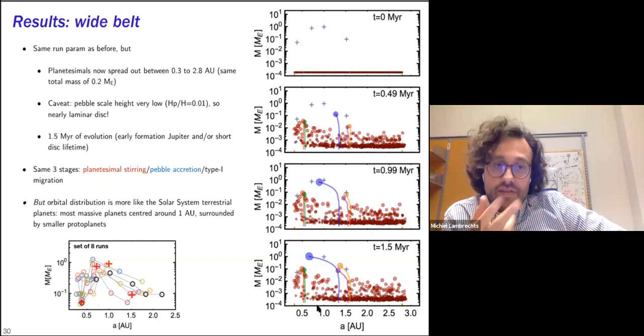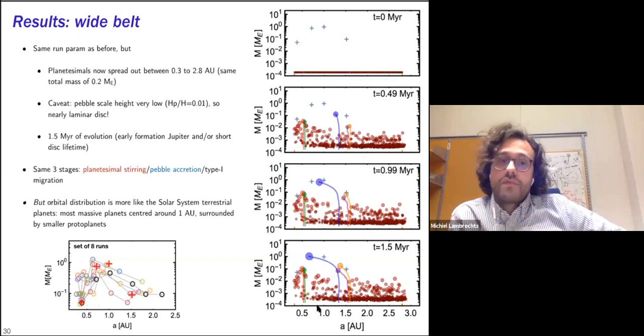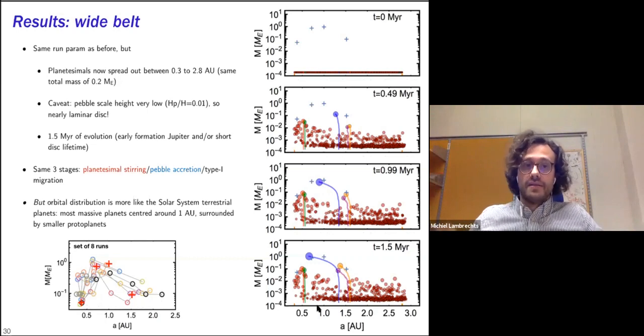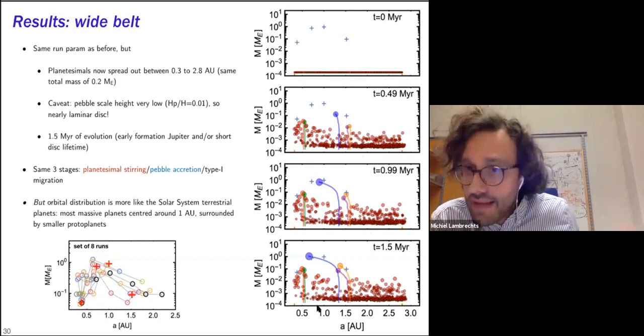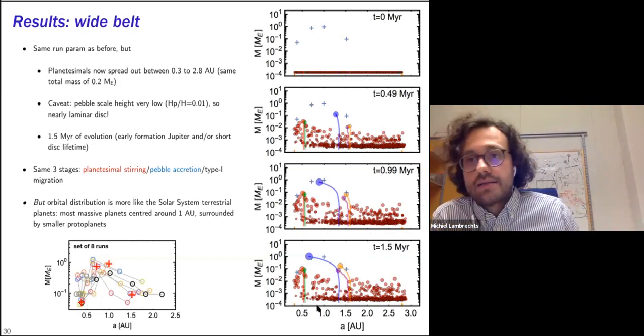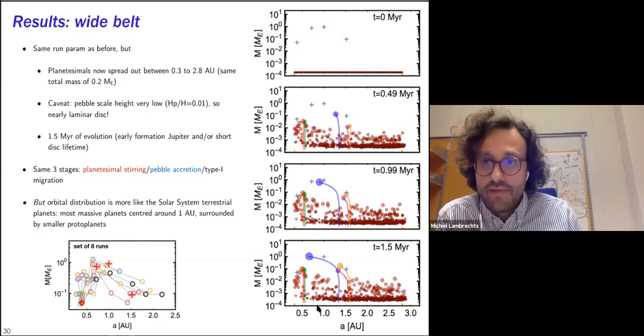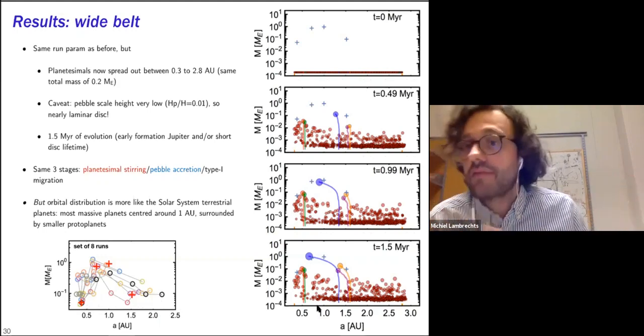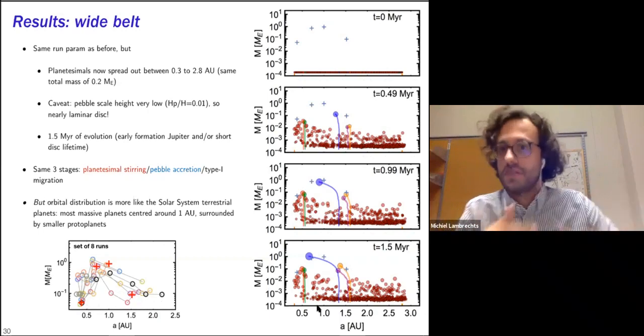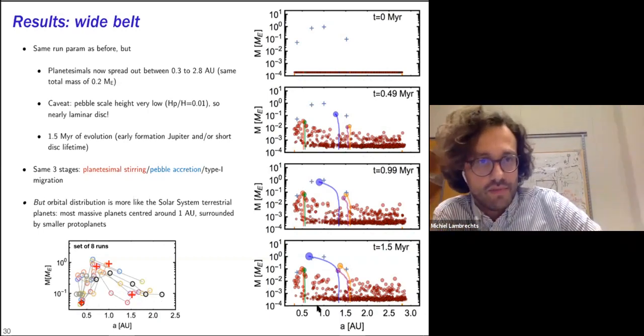The planetesimals are now spread between 0.3 and 2.8 AU. So it's a much wider belt, but it has the same total mass, still 2 Mars masses in total. This is actually a very small mass compared to classical terrestrial planet formation, which uses Earth masses of planetesimals.